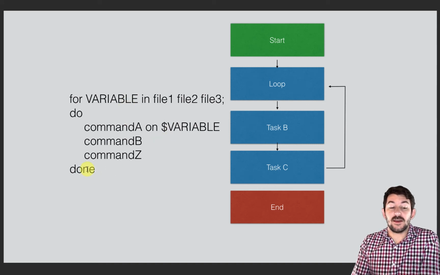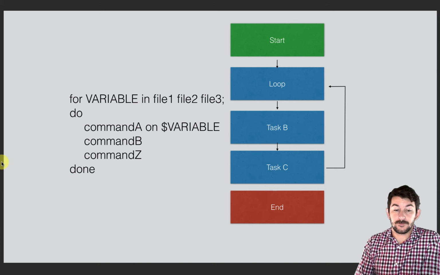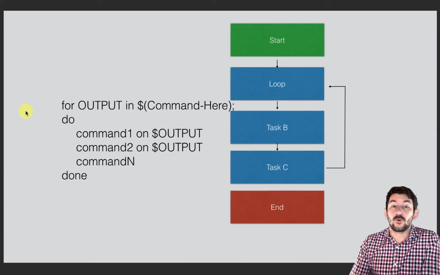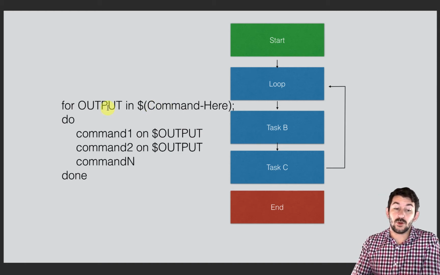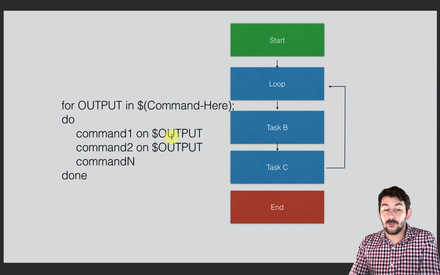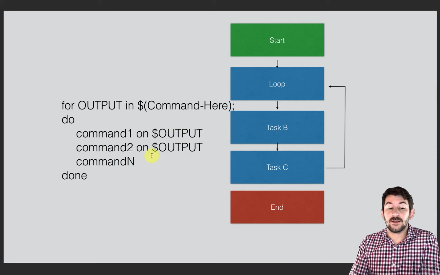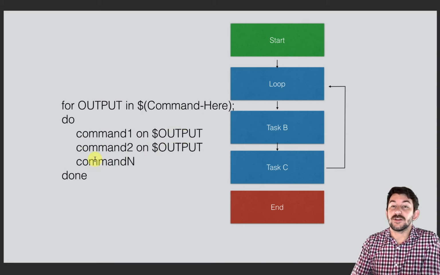Command B, command Z, done. Could be for some output in something that you're executing here. It could be catting a FASTQ file, for example. Do command 1 on the output, or command 3 or 1 on the output, and to infinity.